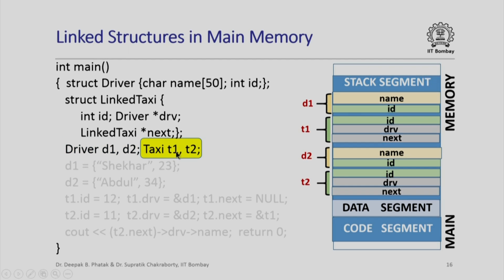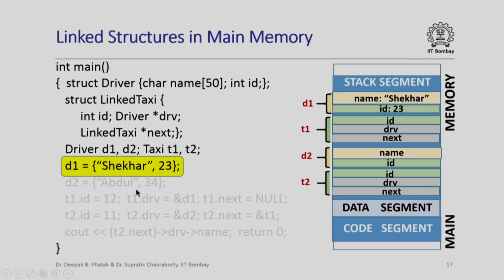Similarly, T1 and T2 are variables of structure type taxi, so being local variables of the function main, space for them will be allocated in the stack segment, and the space for each variable will have space for each of the members of the corresponding structure type. So the space for T1 will have space for ID, space for DRV which is basically a pointer, and also space for next which is also a pointer.